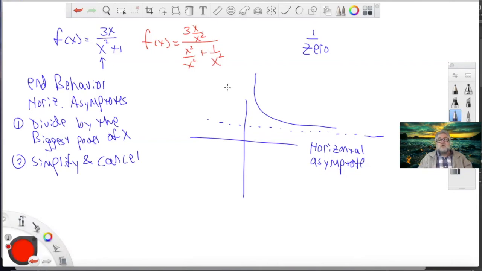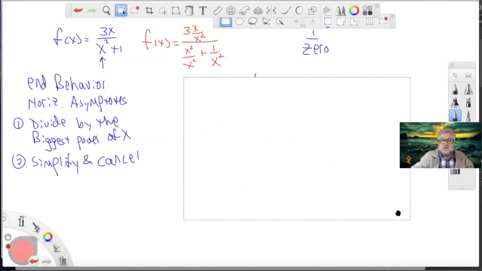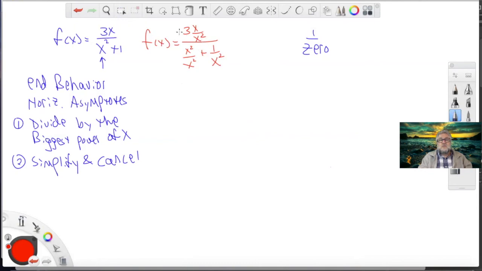Okay? So let me get rid of my nice little curve. So let's simplify. So I can write the numerator 3x over x squared, that's going to be 3 over x. All over x squared is 1 plus 1 over x squared.